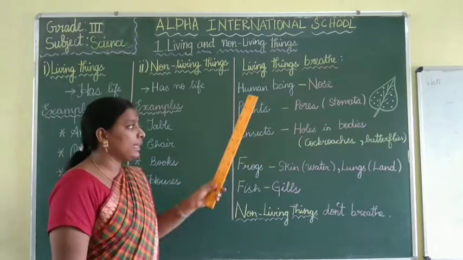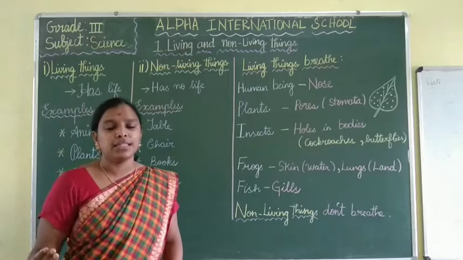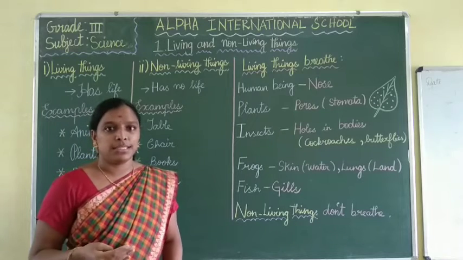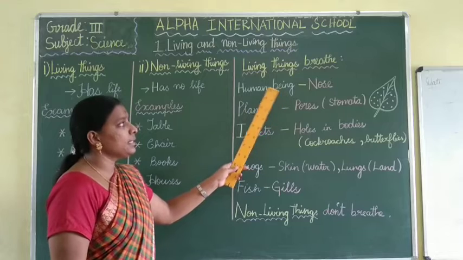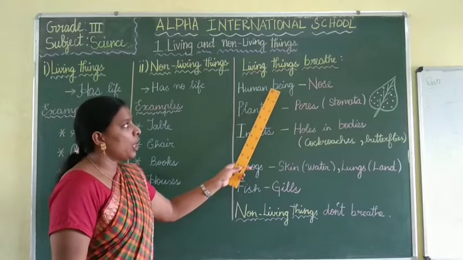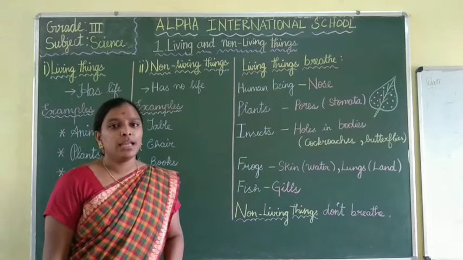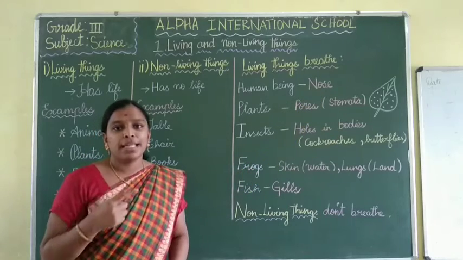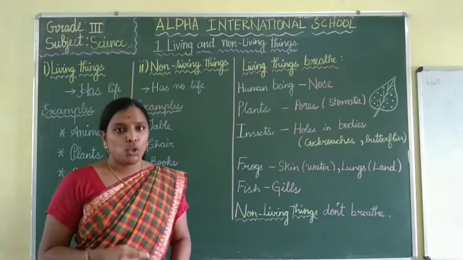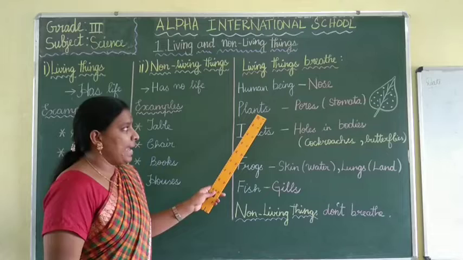Now we will see how different living things breathe. The first example is the human being. How do human beings breathe? We breathe by our nose. Then plants.